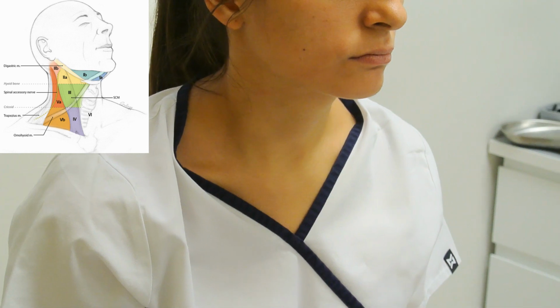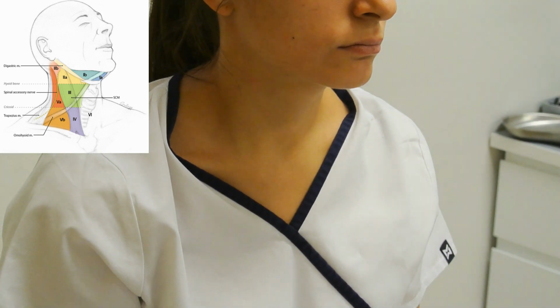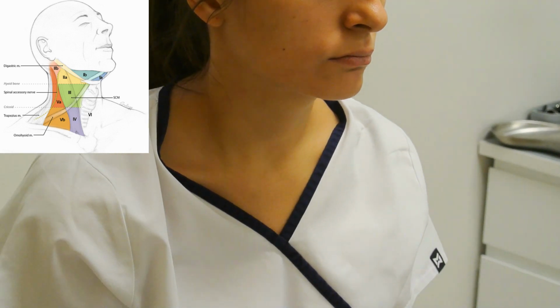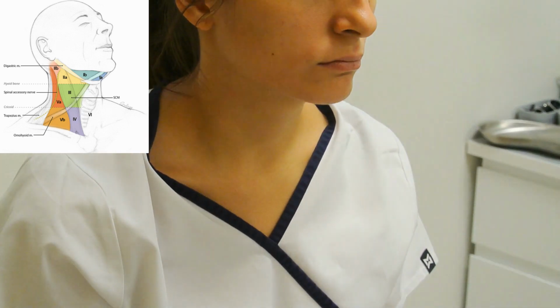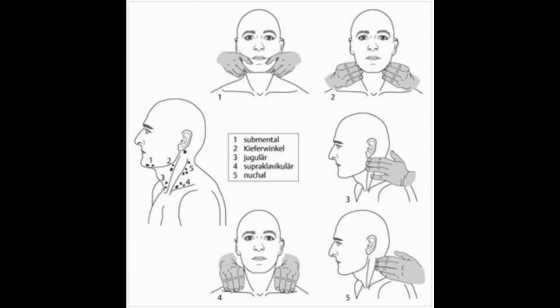As I said, we normally, as ENT doctors, examine a patient face to face, from the front, but it is also recommended to check the patient's neck from the back.